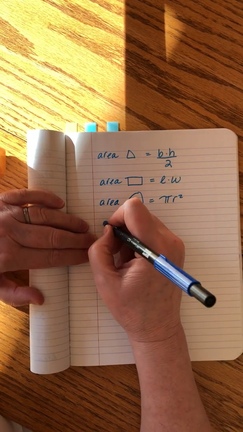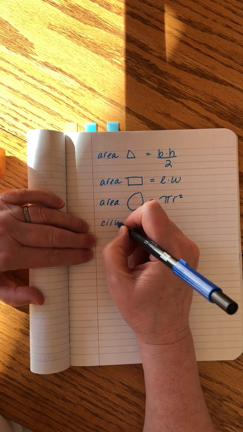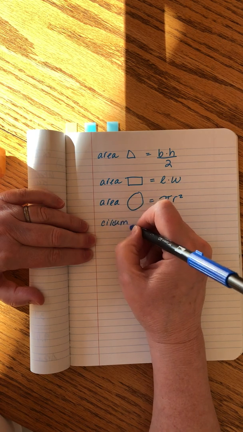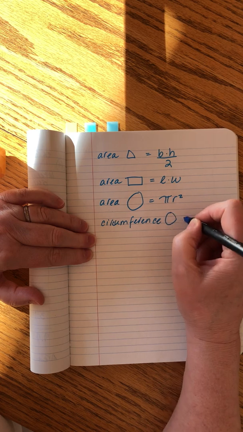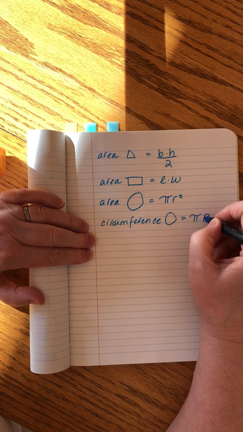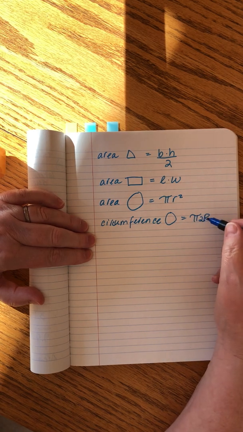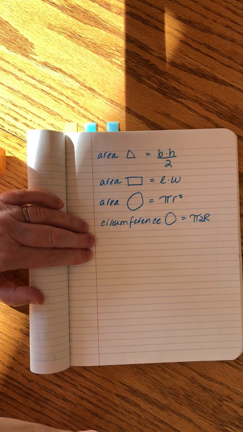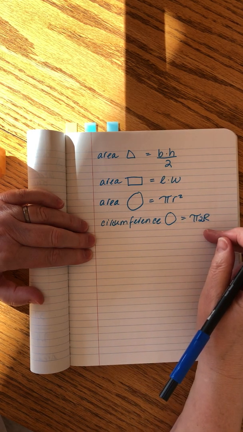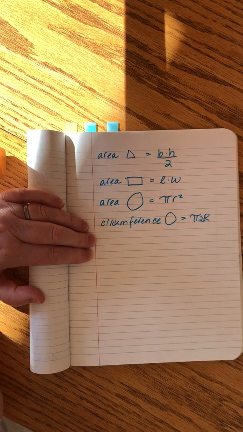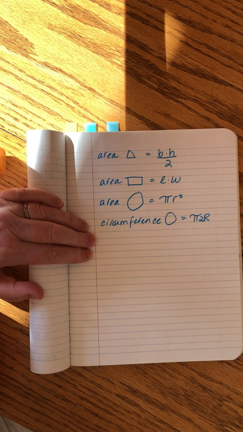Circumference of a circle is pi, I prefer this, sorry, I forgot the 2. I prefer pi 2r for that formula. What else did we use in this lesson? I think that's everything that we used.